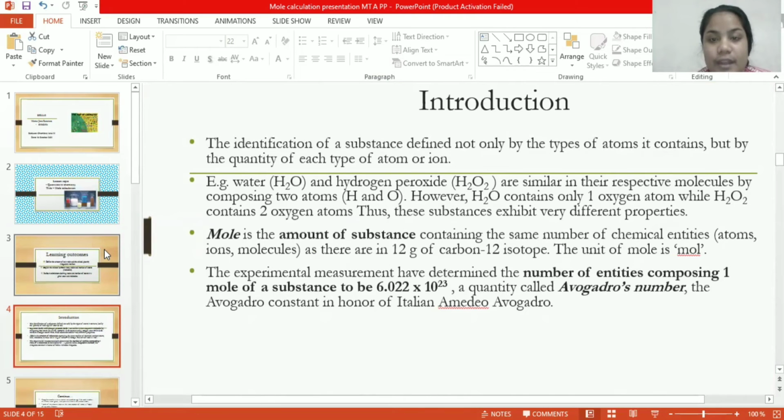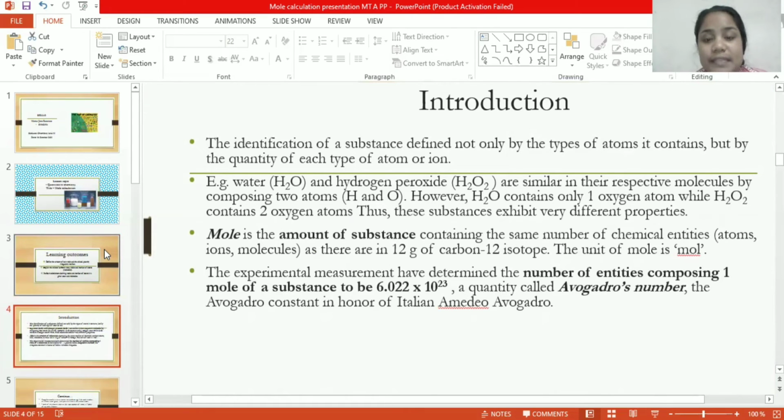On the other hand, water contains only 1 oxygen atom, while hydrogen peroxide contains 2 oxygen atoms. Therefore, the substances exhibit very different properties.